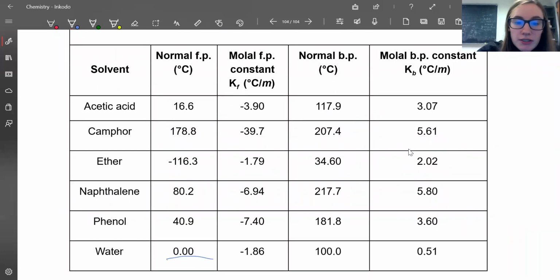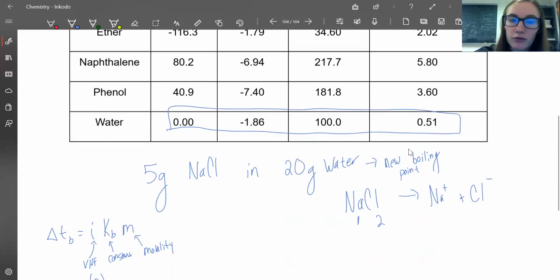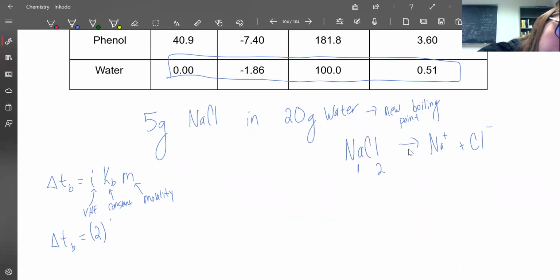We're working specifically with water right now. All of these are solvents that we can use, but right now I'm just going to work with water. So right here, we've got that Kb. Our Kb is 0.51. Last thing we need is our molality.